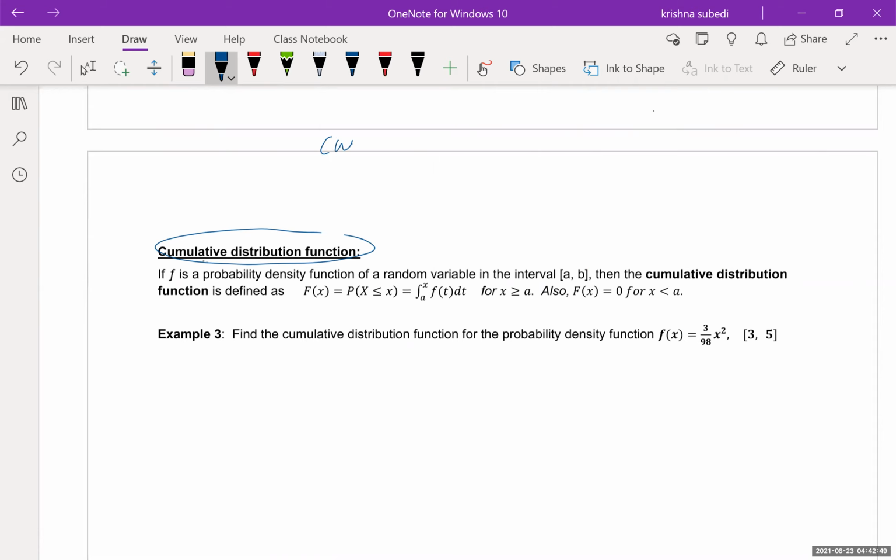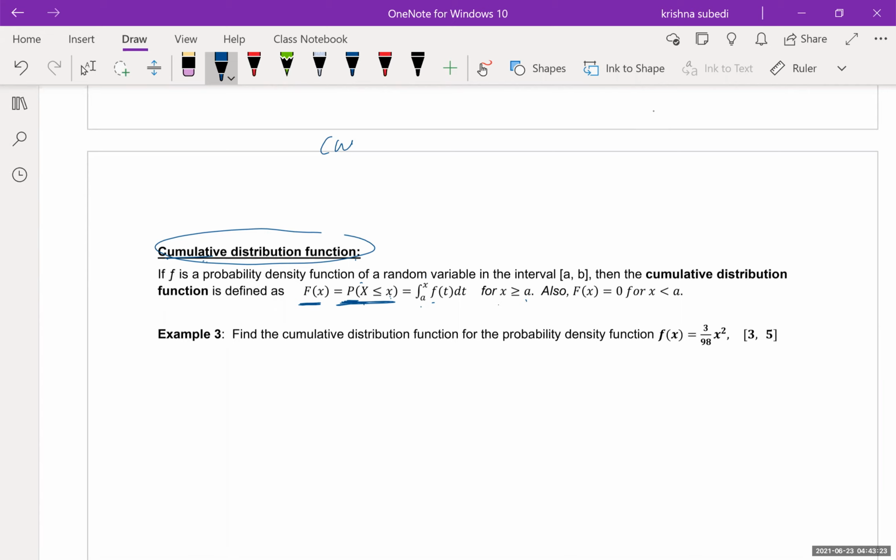Cumulative distribution function: if f is a probability density function of a random variable in the interval [a, b], then the cumulative distribution function is defined as F of x, the probability P(X less than or equal to x), equals the integral from a to x of f of t dt for all x greater than or equal to a.